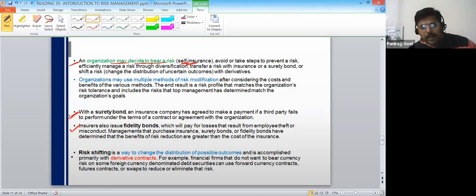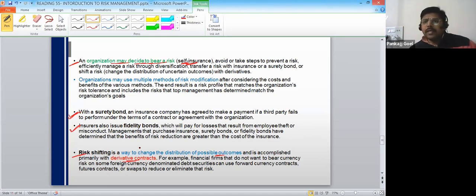And again, what is risk shifting? It is a way to change the distribution of possible outcomes. For example, we are using derivative contracts. For example, I am an importer and I have to make a payment in the future, so there is a possibility that my home country currency depreciates.